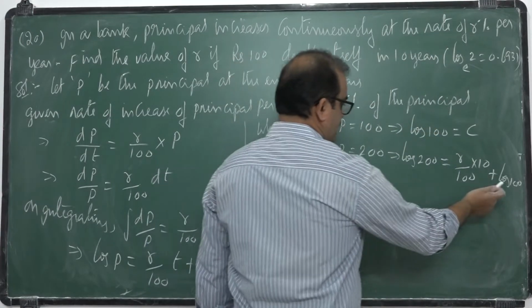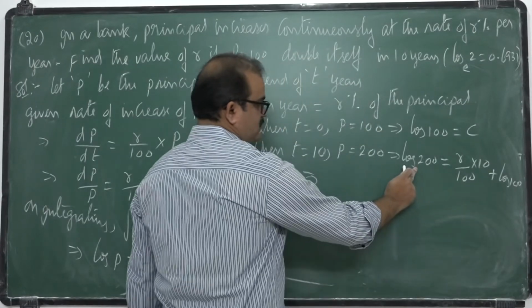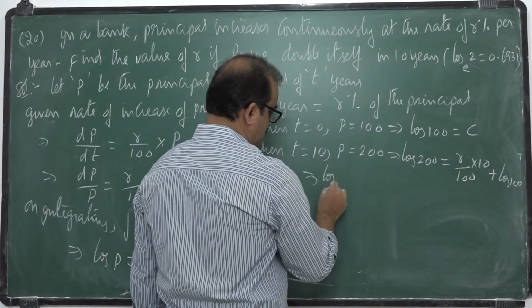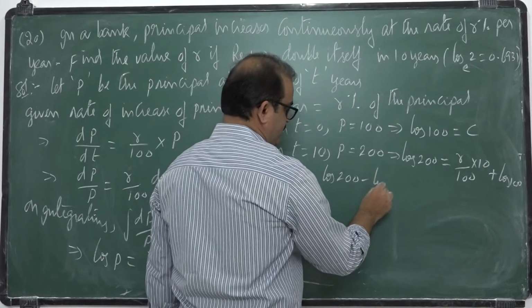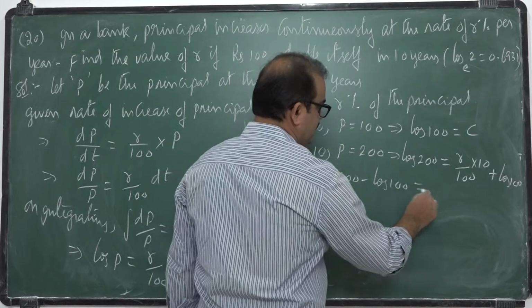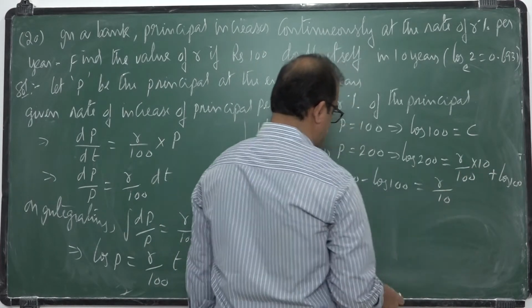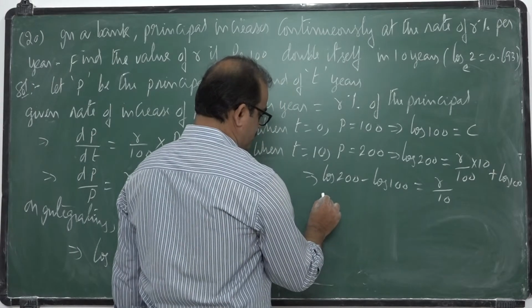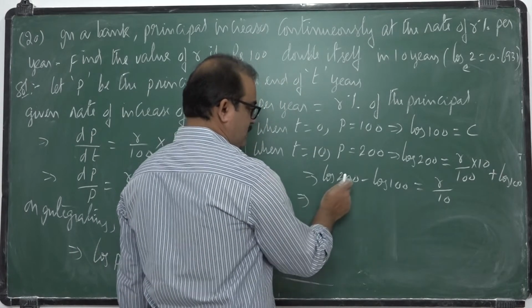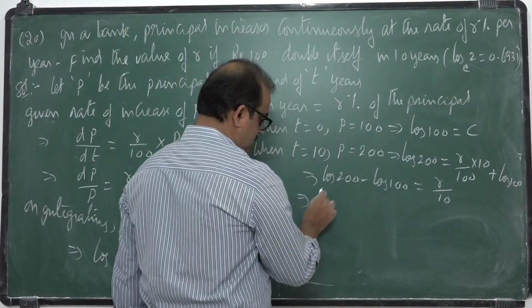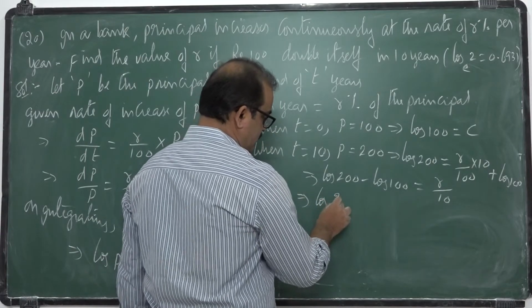Now take this log 100 to left hand side. Log of 200 minus log 100 is equal to 10 times r by 100, cancel. Now it is in the form of log m minus log n, that is log of m by n.